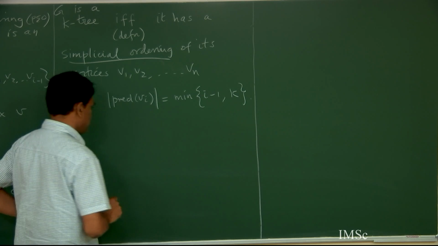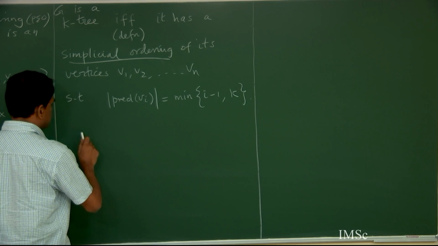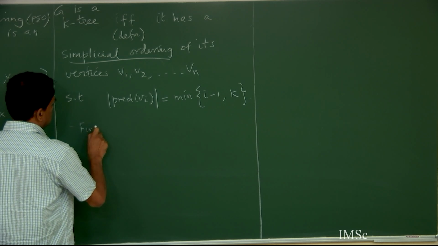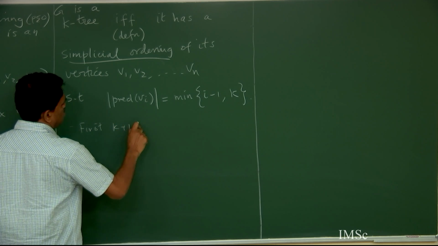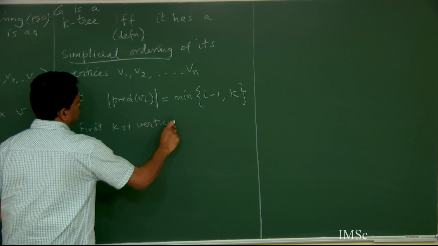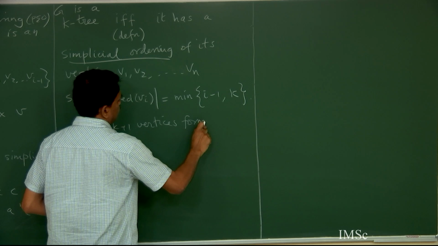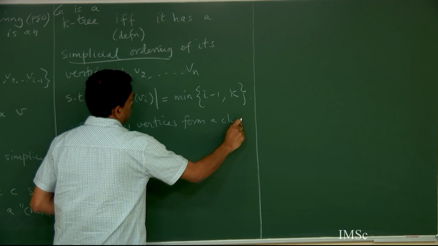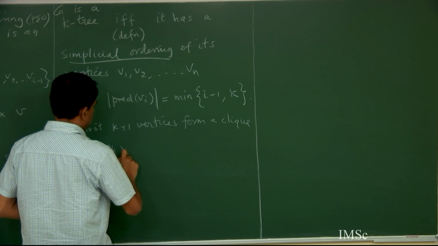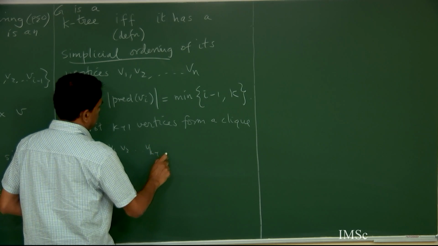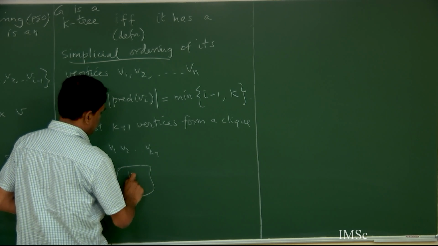So, what I am saying is, the first k plus 1 vertices form a clique. So it is V1, V2 up to Vk plus 1, they form a k plus 1 clique.